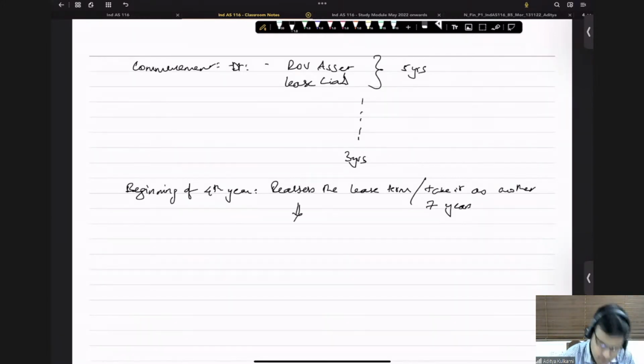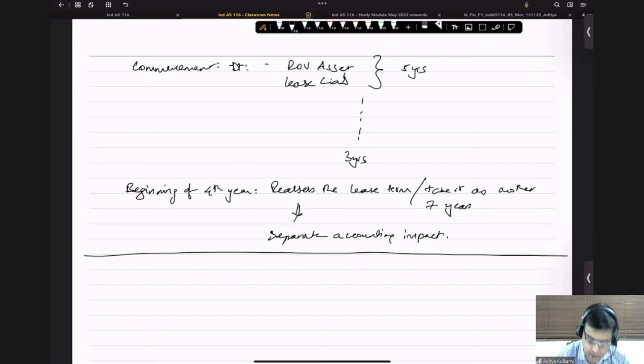And this reassessment, you will have to treat it separately. Okay, separate accounting impact. It will hit the ROU asset also. It will hit the lease liability also. Even this is permitted by the standard.